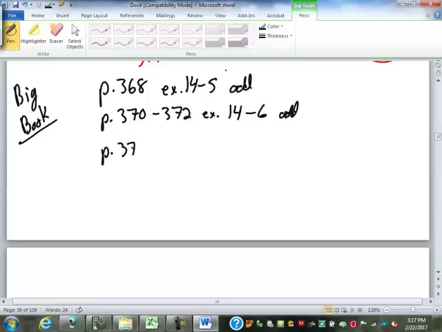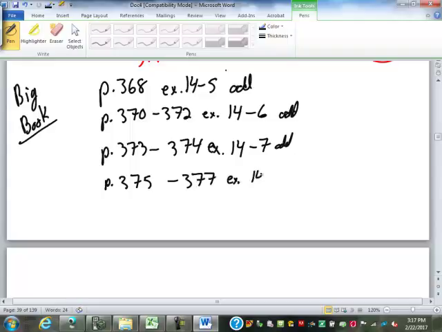Page 373 through 374. That's exercise 14-7. Page 375 through 377, exercise 14-8. That again is problem solving using these equations.